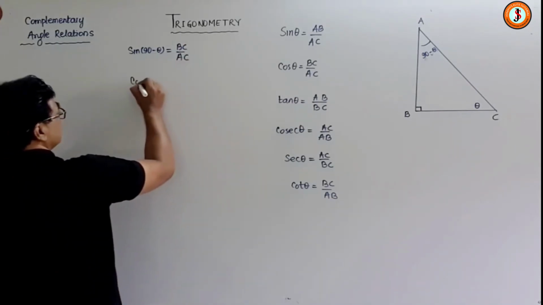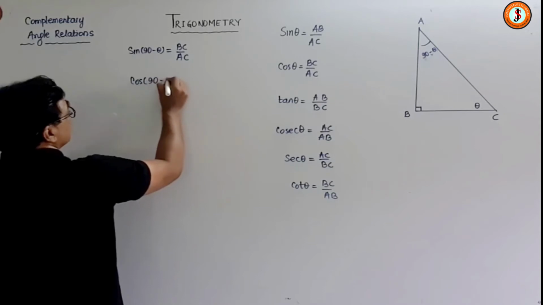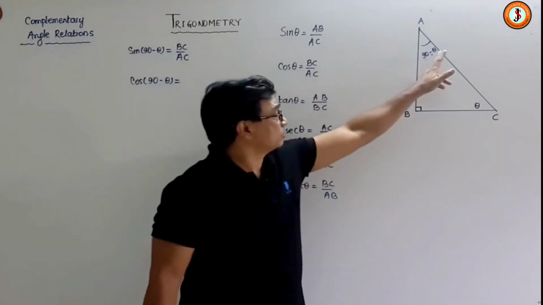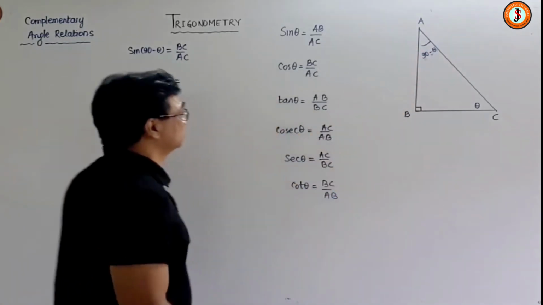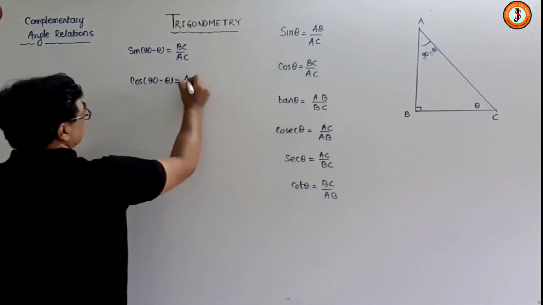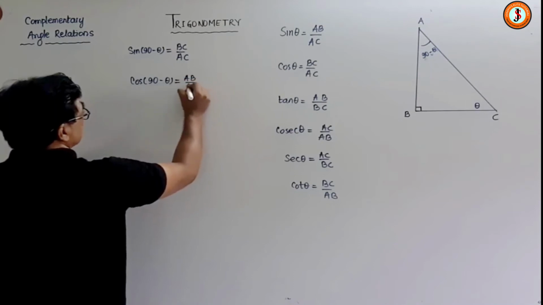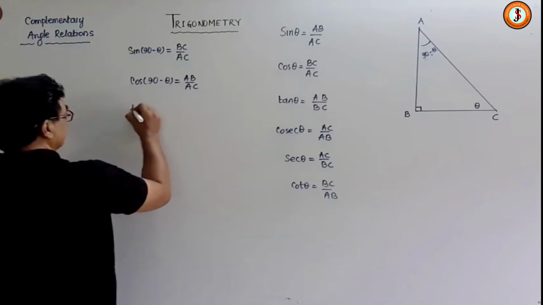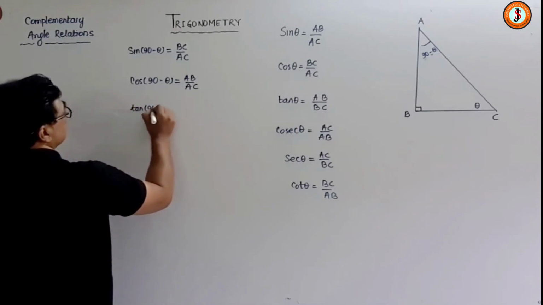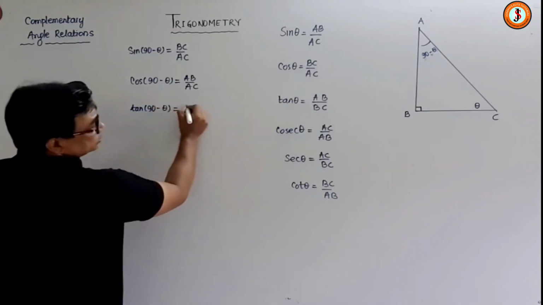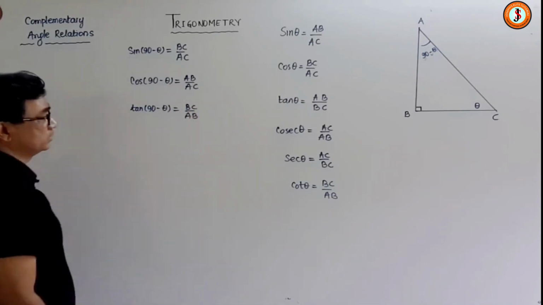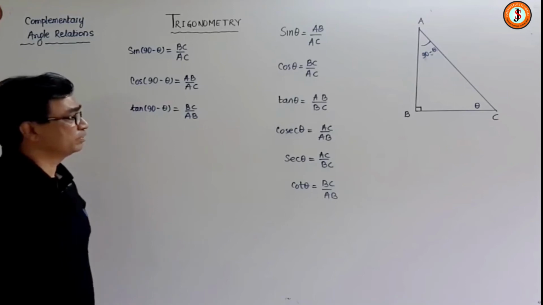Cos 90 minus theta, check. Cos 90 minus theta will be adjacent by hypotenuse. For 90 minus theta, this is adjacent, so AB by AC. Then tan 90 minus theta will be opposite by adjacent, perpendicular by base.